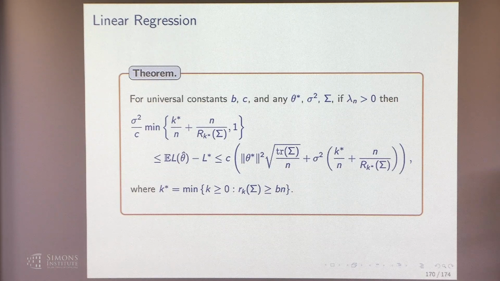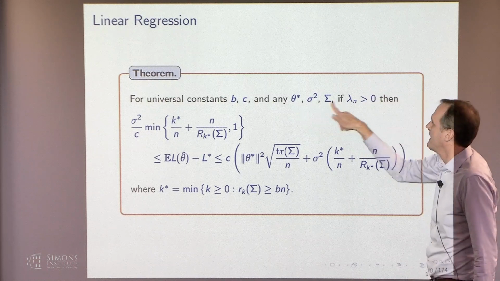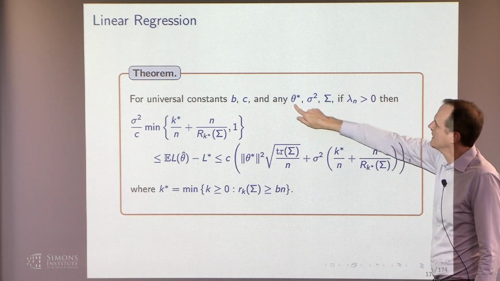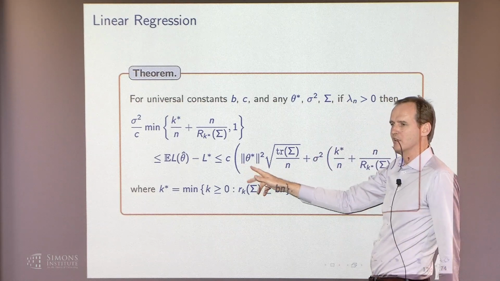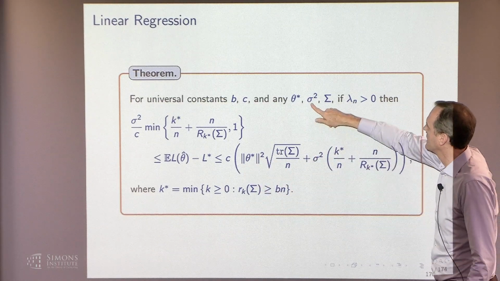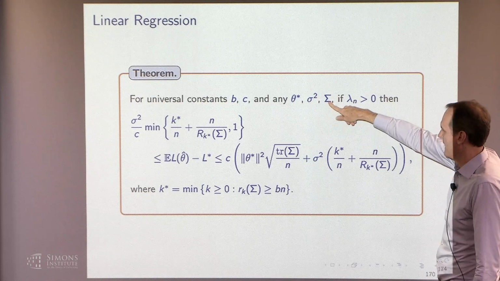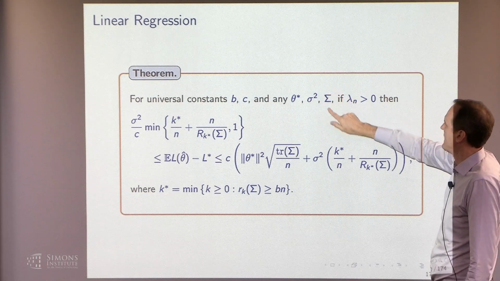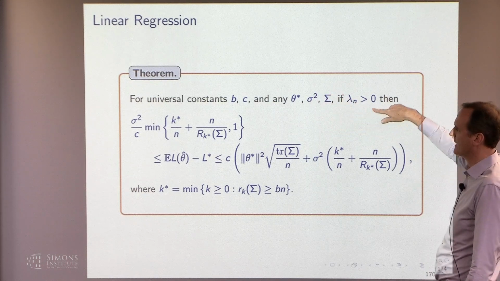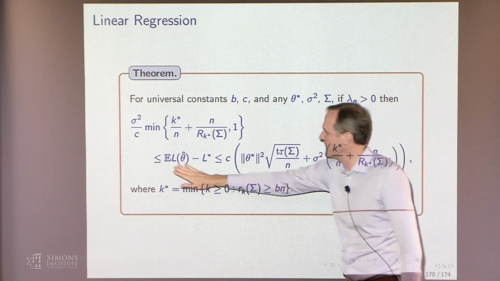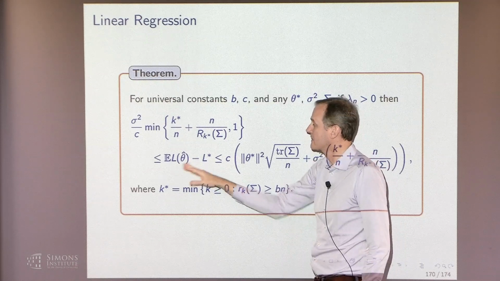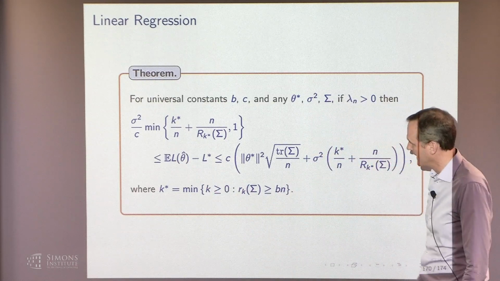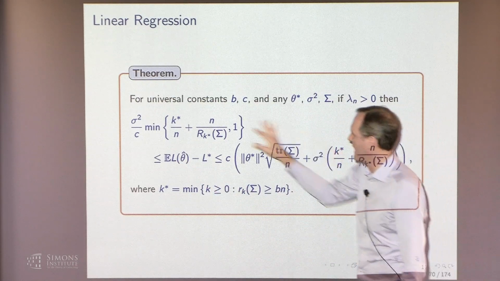So here's the theorem. There are universal constants so that for any linear regression problem, we need to have theta star bounded norm, so the least squares solution is finite. Noise level and our covariance matrix, this is where all the action happens. We want to be able to interpolate. Then you can say the expected excess prediction risk is bounded above and below.